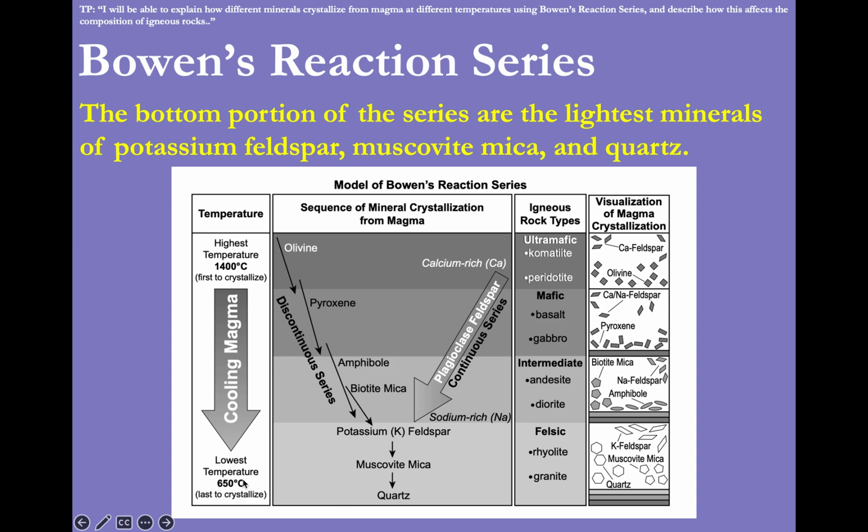Quartz needs the coolest temperatures to crystallize, and that should be the last thing to crystallize. Olivine being first, or calcium-rich plagioclase feldspar being first, and quartz being officially last.